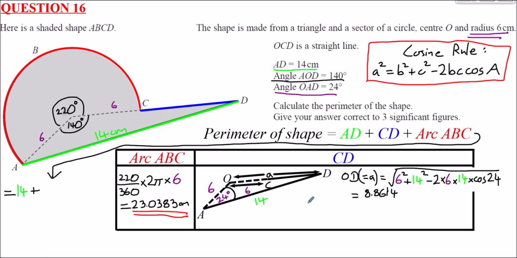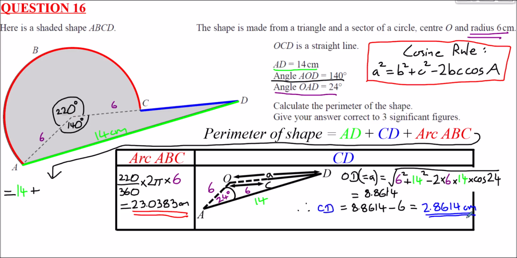So therefore, CD will just be the whole length of OD, subtract the radius. That'll be 8.8614 minus 6, which will therefore be 2.8614 centimetres.